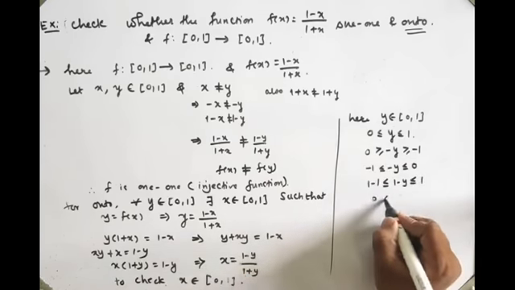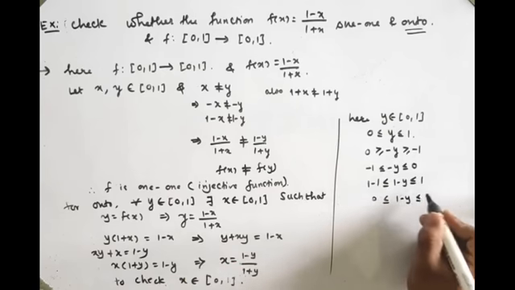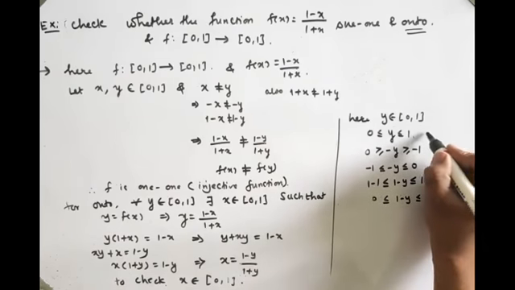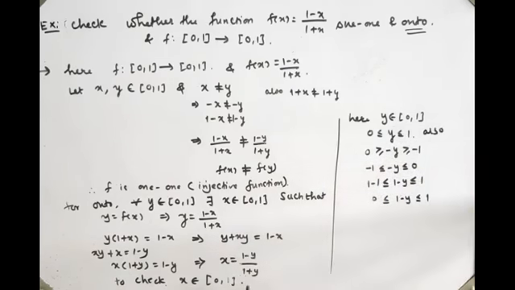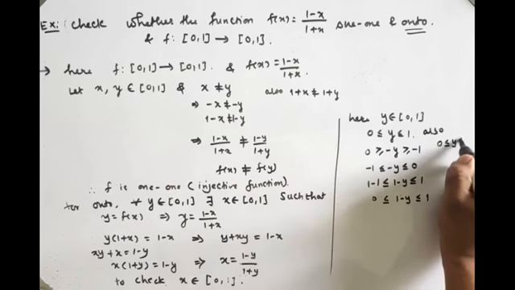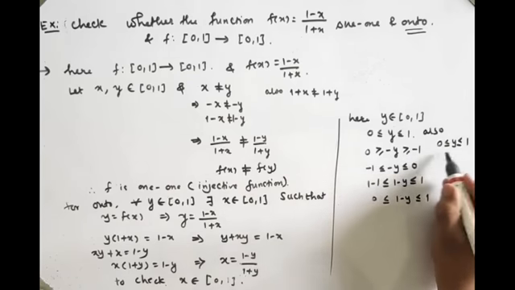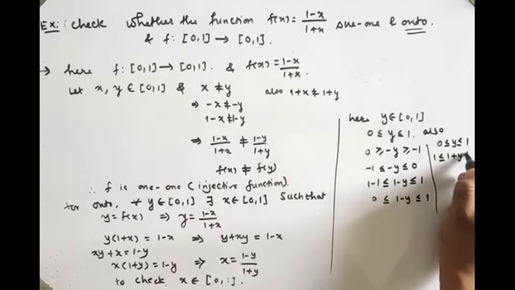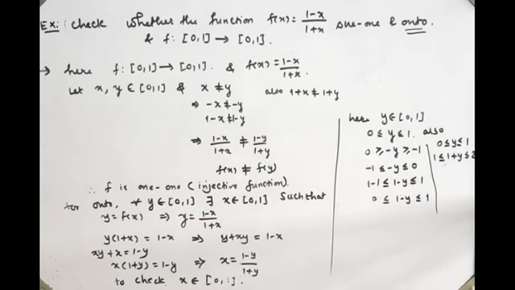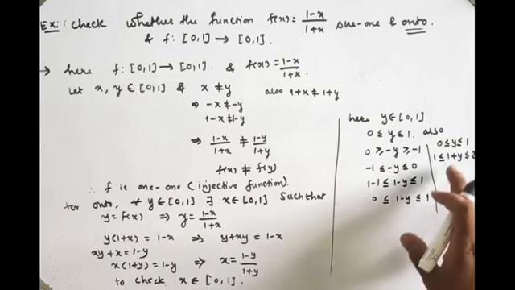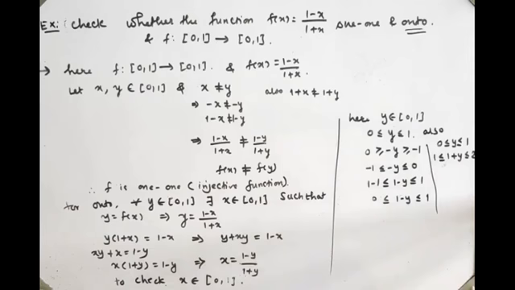So 0 less than or equal to 1 minus y less than or equal to 1. Also we have to find 1 plus y. So 0 less than or equal to y less than or equal to 1. I will add 1 throughout. So what will I get? 1 less than or equal to 1 plus y less than or equal to 2, right? So here 0 less than or equal to 1 minus y less than or equal to 1, and here 1 less than or equal to 1 plus y less than or equal to 2.